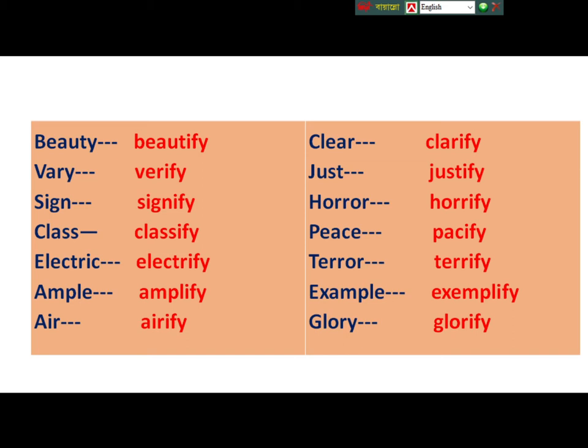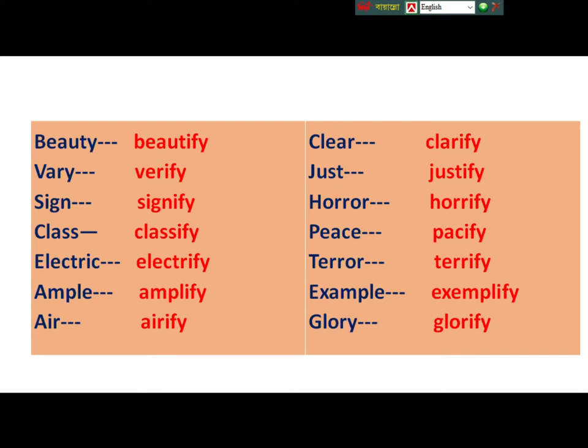Beauty, beautify. That means we have turned beauty into a verb. Very, verify. Take a look at the spelling of verify. Very and verify. The spelling is a little bit different.